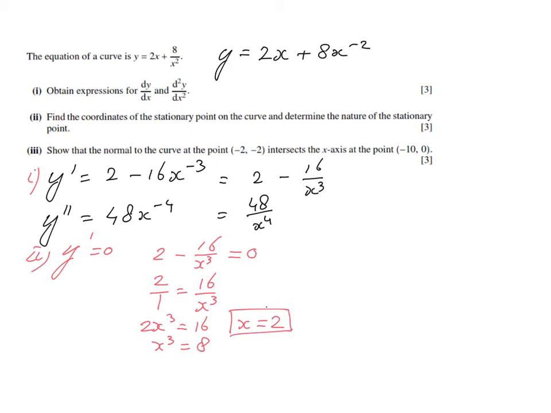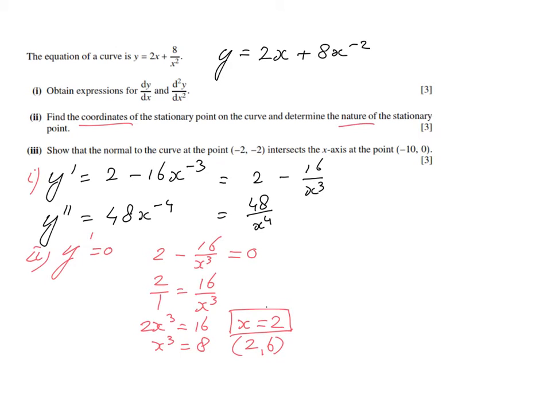So we have one stationary point where x is 2, but they ask for the coordinates, not just the x, so also the y value. How can I find the y value? I have to plug it into the original function. 2 times 2 is 4, plus 8 divided by 4. 8 divided by 4 is 2, so 4 plus 2 is 6. Y is 6. Let me write it as a coordinate: 2, 6. That's the coordinate, but we also have to determine the nature.